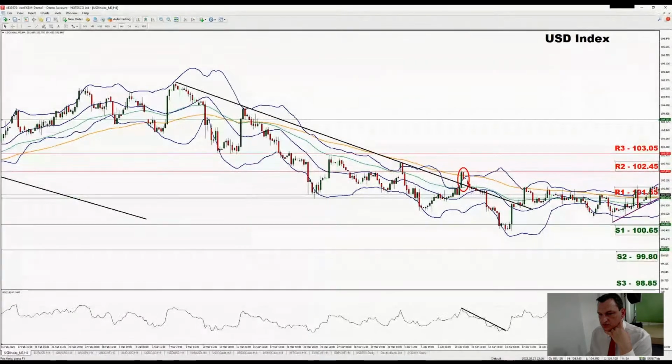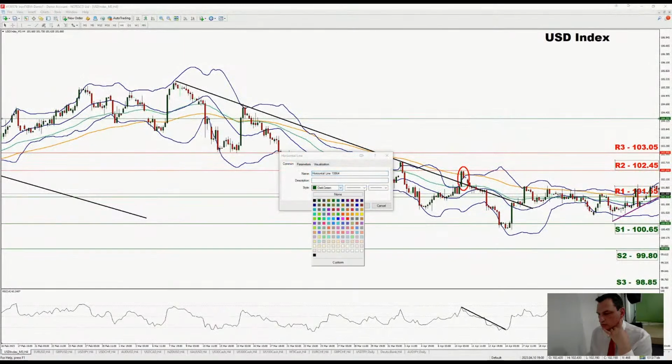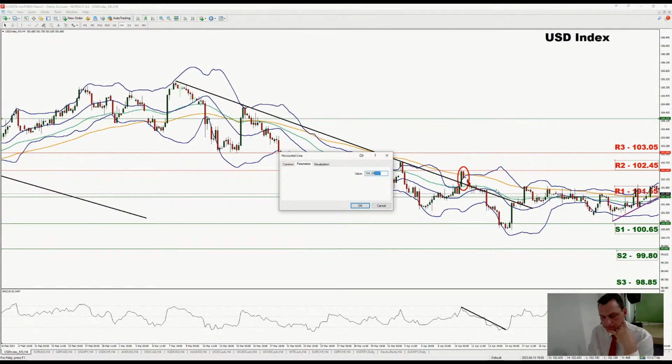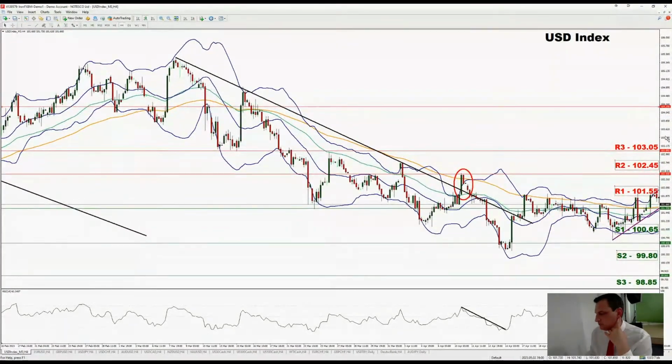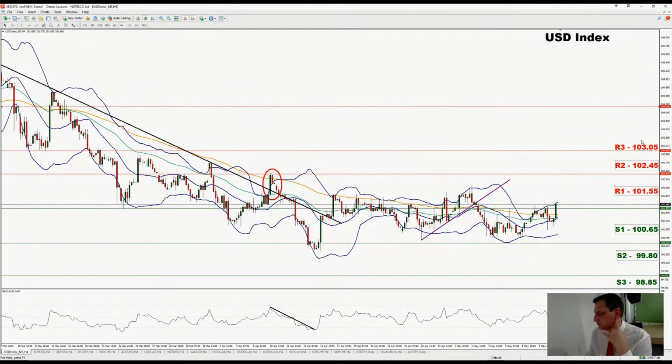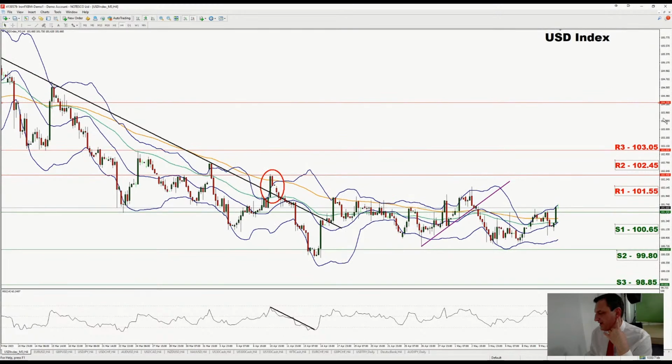There was also resistance here, here, and here. So that should be in red, the 104.20. Readjusting the chart. Widening it just a bit.